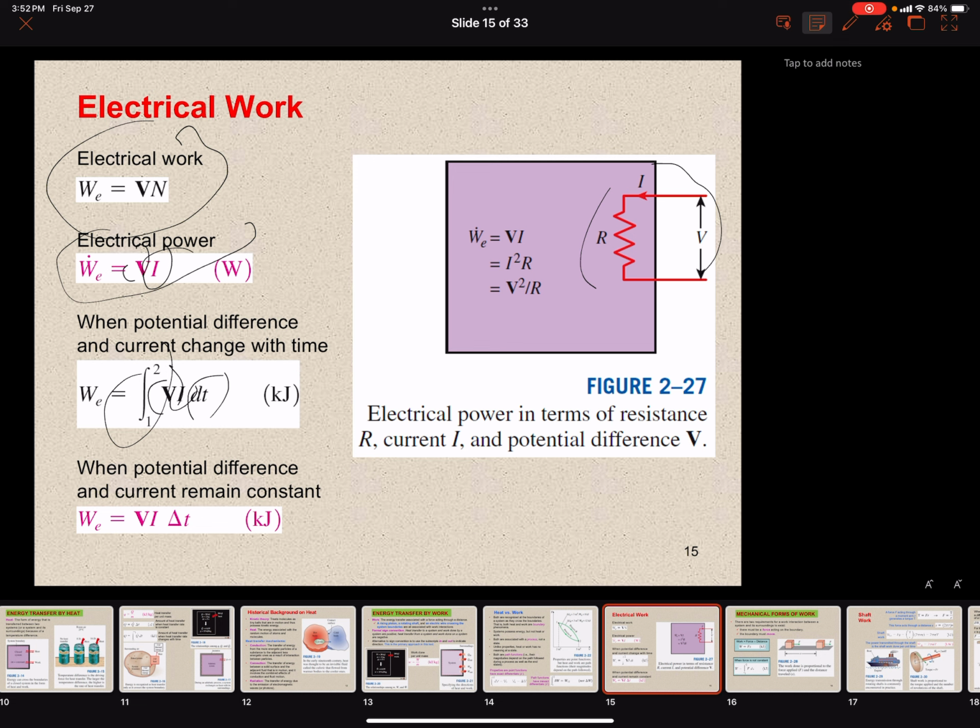The last equation, when potential difference and current remain constant, we can use this equation. Of course, this is kilojoule, and this will be watt. And this is kilojoule because there is no time with it.